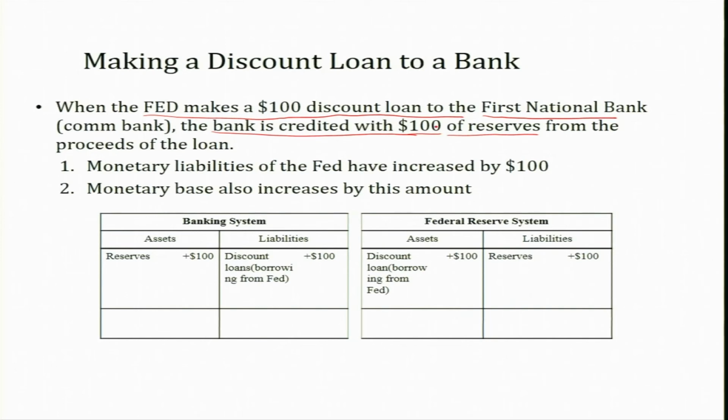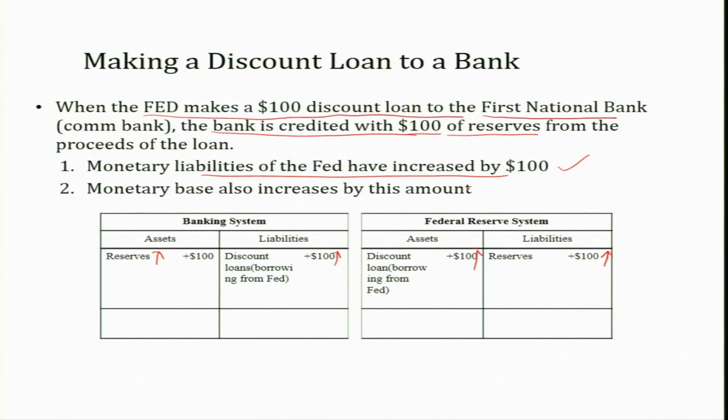In the banking system, reserves increase by $100, so assets increase by $100, but liabilities also increase, as the discount loan, borrowing from the Fed, increases. In the Federal Reserve System, the monetary liabilities have increased by $100 in the form of reserves, and assets also increased because it has given a loan of $100 to the banking system.